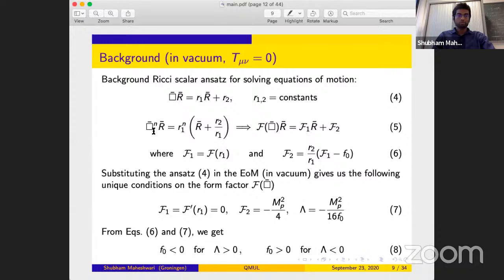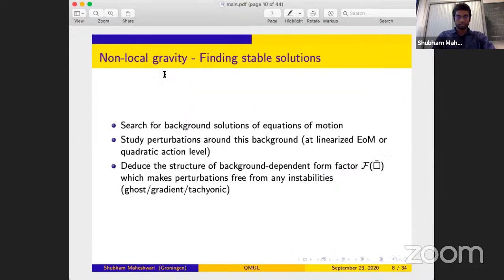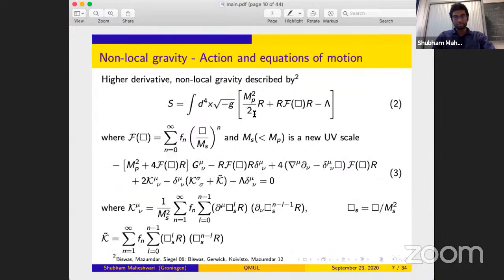So in order to solve those horrible, complicated equations of motion, I will assume an ansatz, which is given here in equation 4. By the way, I have a bar over box and R. This just indicates that it's a background. Also, there is no matter in the theory that I'm considering, so the theory is purely gravitational.